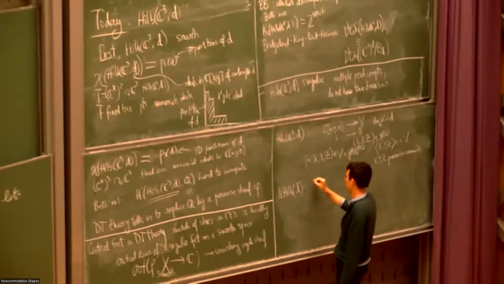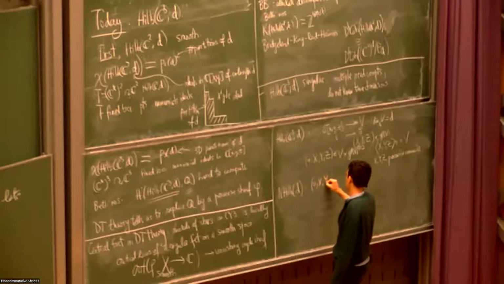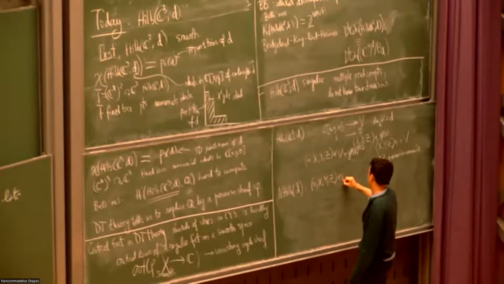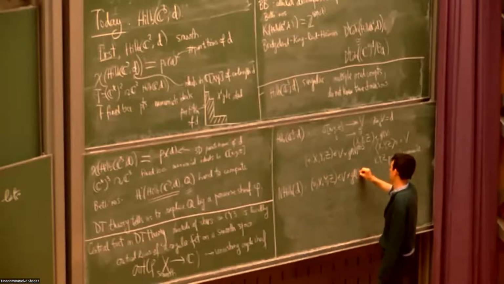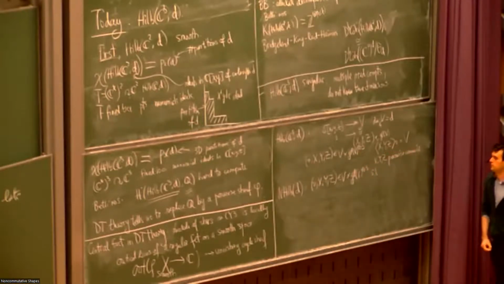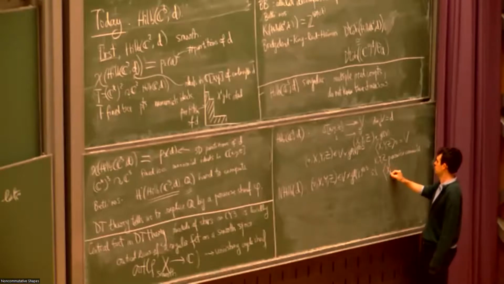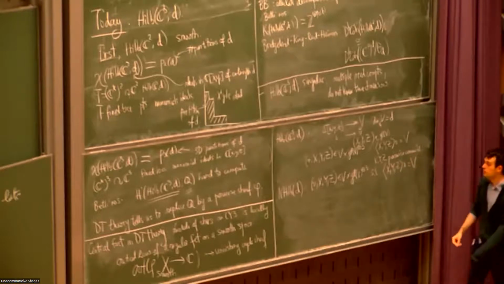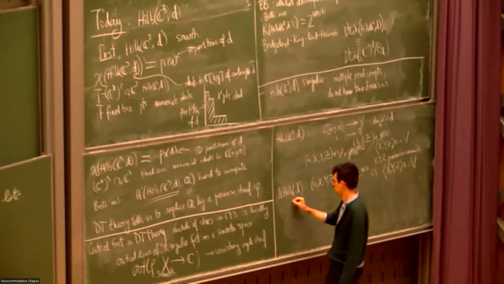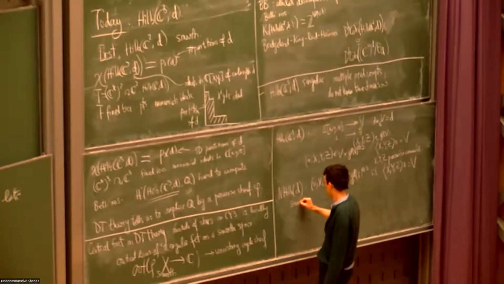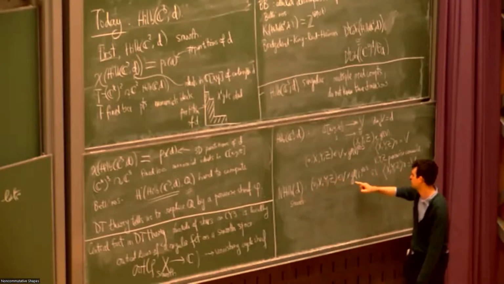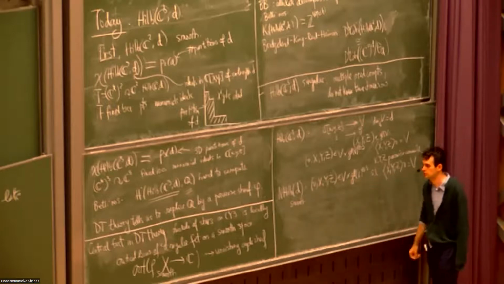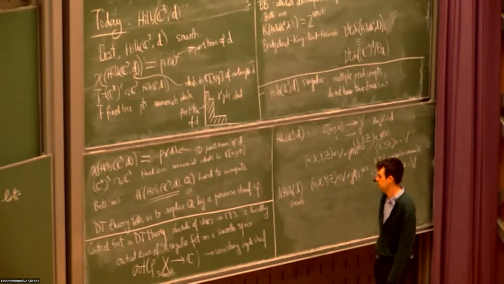So this will parameterize tuples v, X, Y, Z in V times GL(V) to the 3, and we just keep the first condition: lowercase v generates the vector space under the action of X, Y, and Z. So now this is a GIT quotient of this particular vector space by GL(V), and it ends up being a smooth space.